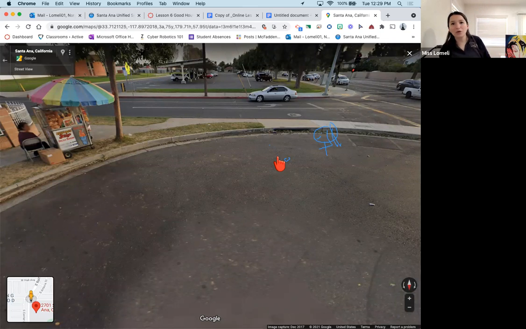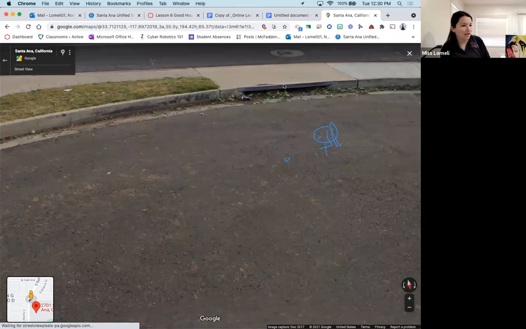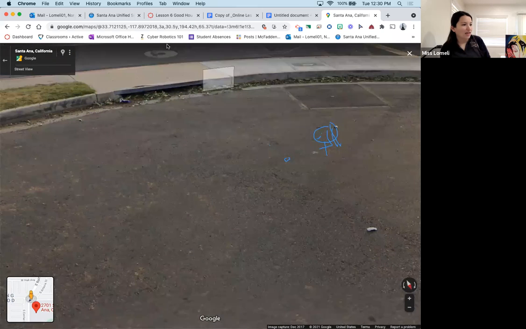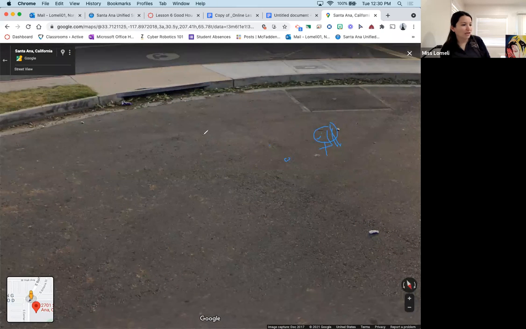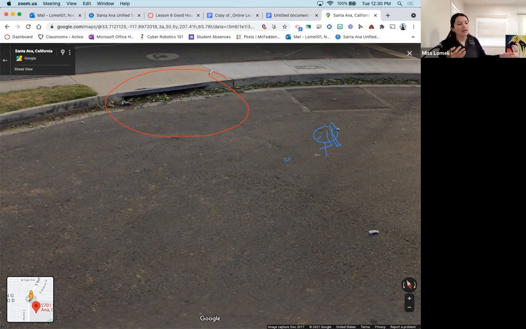So if you live close enough to walk to McFadden, my goodness, I would adopt this drain. Done and done. This is the drain I would suggest if you cannot find a drain but you live close to McFadden. Now, if you live on the other side of Santa Ana, it's not worth coming down here because you're going to be coming down here a lot.